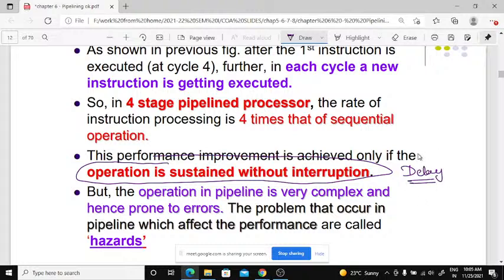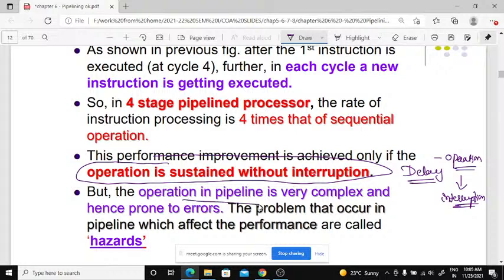So if the instruction execution or operation is done without any delay or interruption, then the performance will be improved.